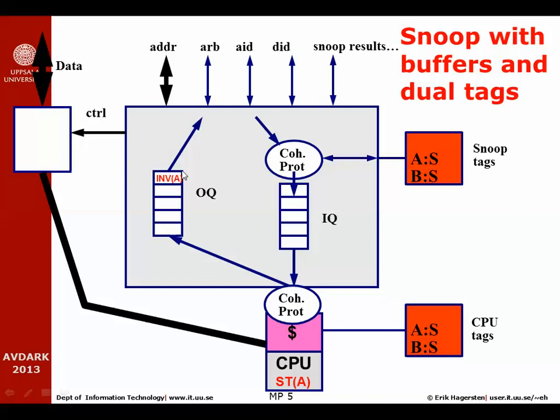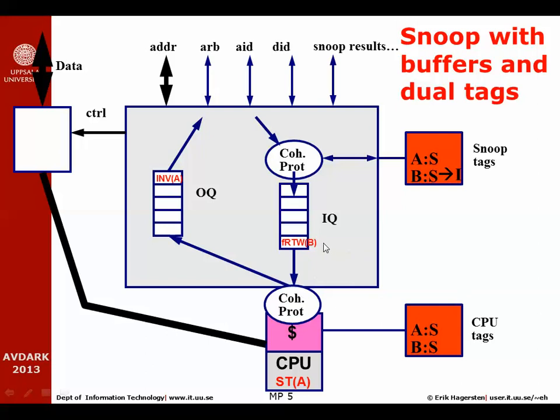So while it's standing there waiting to be sent on the bus, another transaction will be snooped on the bus. So we'll say a foreign read-to-write request for the cache line B. That will force the Snoop tags to go from state shared to state invalid, and we're going to queue up the foreign read-to-write transaction in the input queue on its way down to make modifications to the CPU tags.